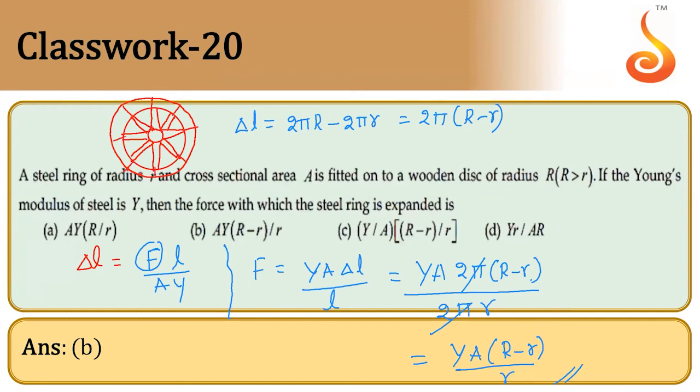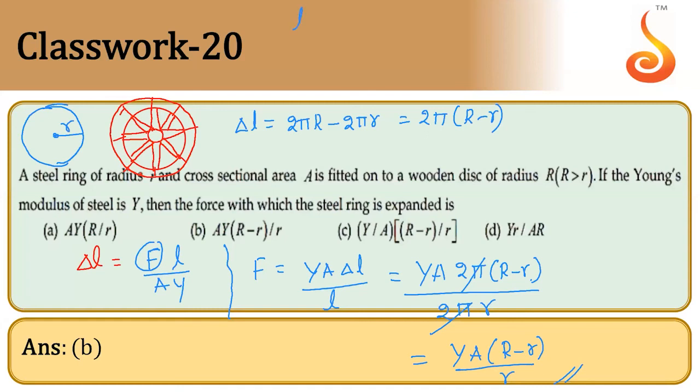This part. Now to give strength to the wooden wheel, they attach one ring on the top of that, here on the boundary. Now initially the iron ring will have a small radius compared to that wooden wheel. Now see here, the radius of the iron ring is r.